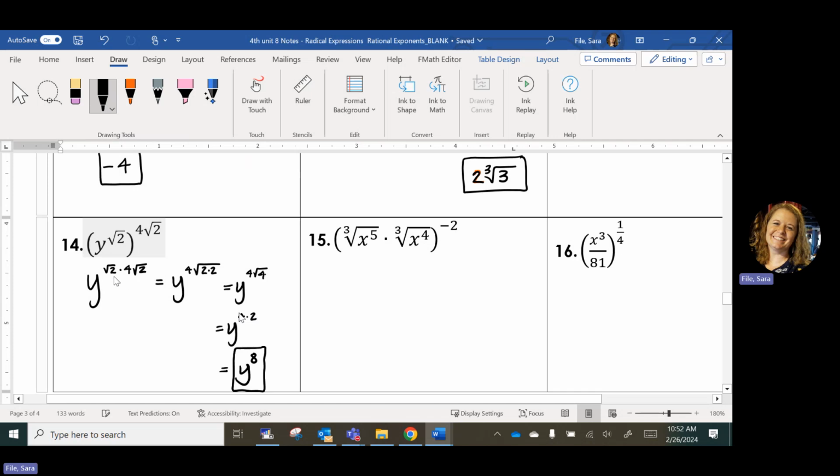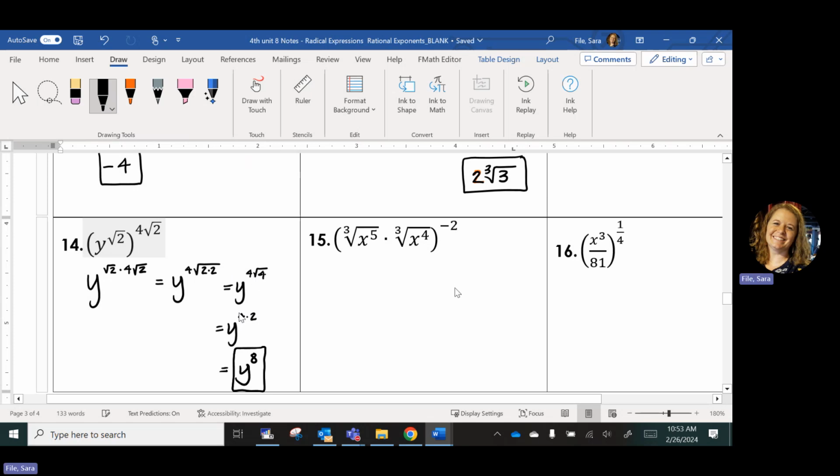That's because multiplying something by itself is squaring it, isn't it? And squaring a square root, doesn't that just cancel each other out and you're left with just the 2? Okay, so if you realize that, you can kind of jump from this step to this one. If you don't, it's okay. Do those middle steps.